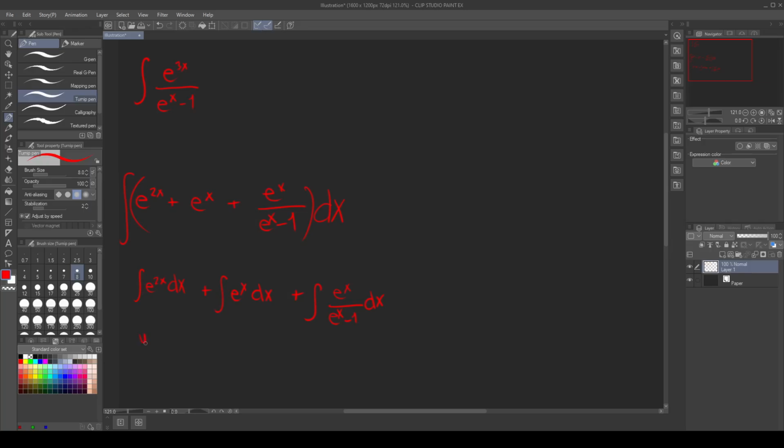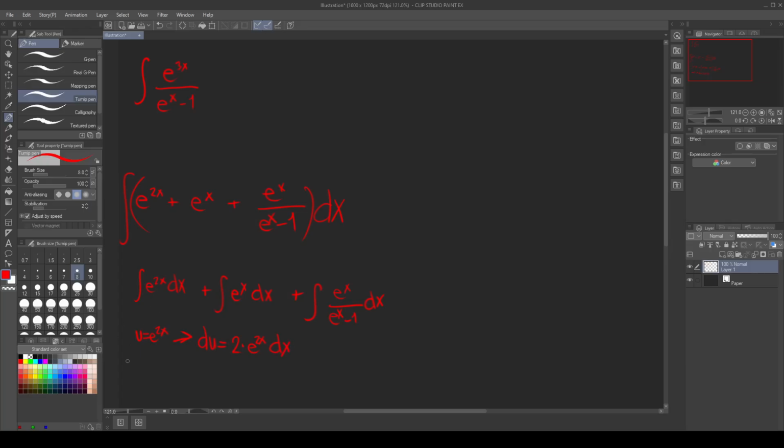So let's try solving this. Actually, you know what, let's just skip that part. I'm just going to assume that you already know how to solve these because they should be pretty easy, right? Let u equal e to the 2x, which means that its du is going to become 2 multiplied by e to the 2x dx.